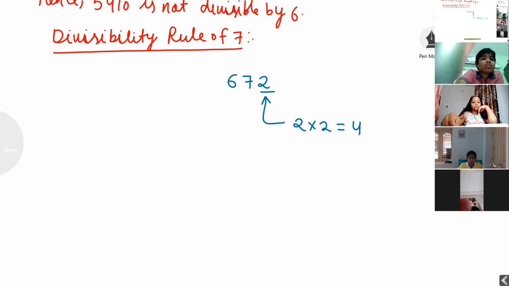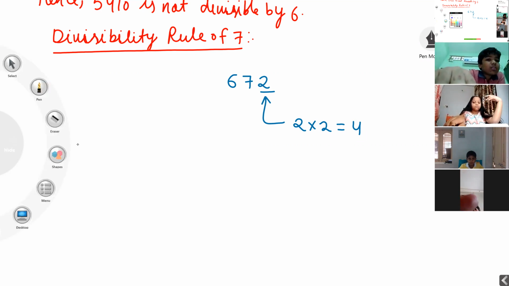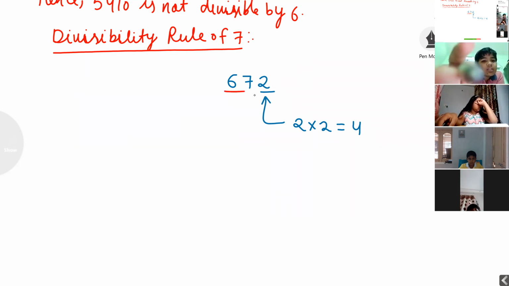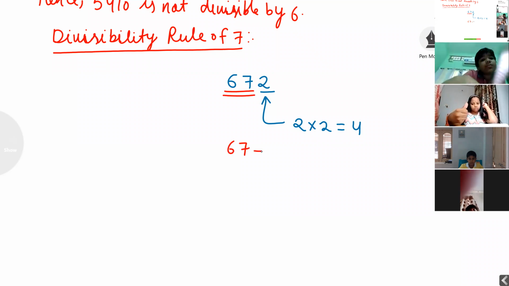Now I have taken double of the ones place. What is the remaining digit here? The remaining digits are 67. Now the remaining digits 67 minus the double of that digit is equal to 63.